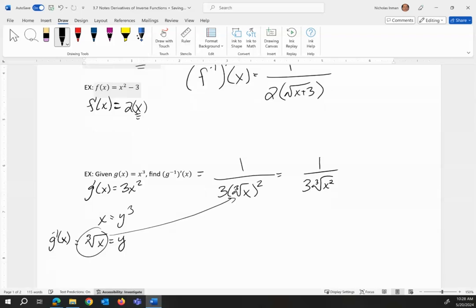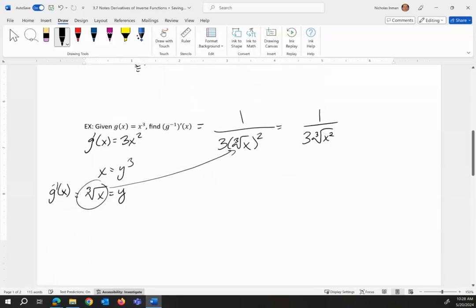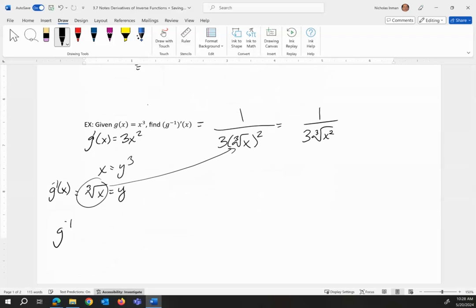But it's totally fine. If we did just do the derivative of our inverse directly, so this is x to the 1/3, it would be 1/3 x to the negative 2/3.